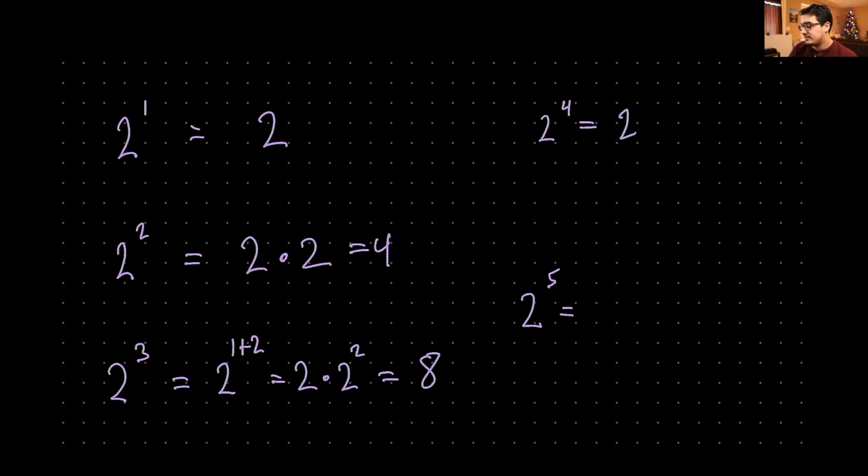Oh, you say, this is 2 times 2 cubed. Well, that's got to be 2 times 8, so that's 16. And then 2 to the 5th likewise is 2 times 16, and that would be 32. So that's kind of the way you use them if you're just purely multiplying. And you can see how, yeah, you are just adding.